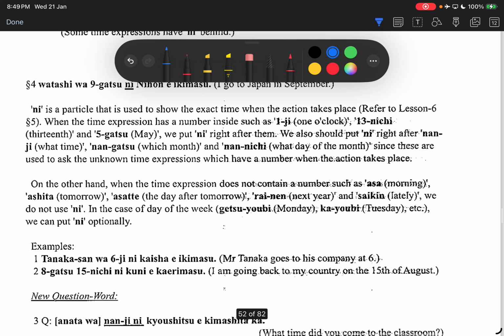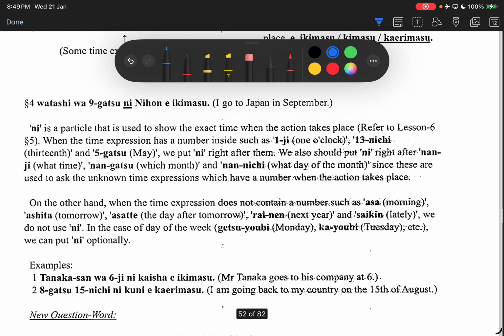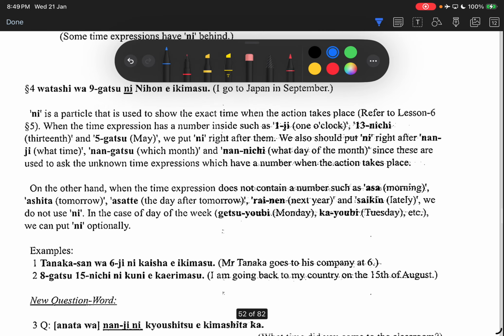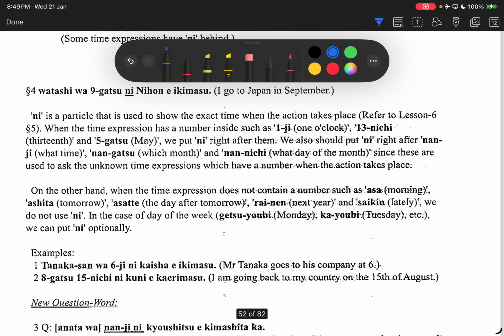The sentence structure, I'll talk about that another day. Number 4. 私は9月に日本へ行きます。Remember previous lesson we learned 6時に起きます。So I told you this に is like at 6 o'clock I wake up. So same thing, you look at the situation here. 9月, right?